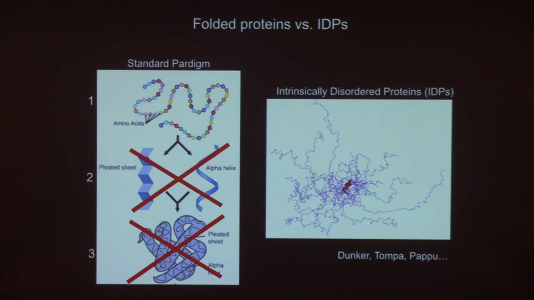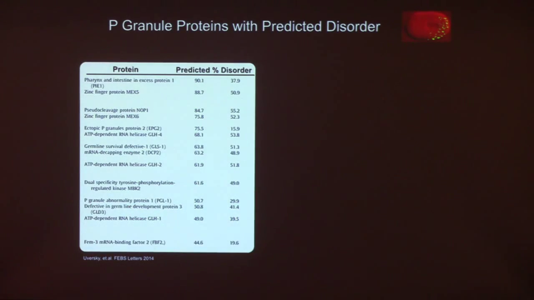There's a lot of excitement in that field right now because more and more people recognize that the paradigm of well-defined folded proteins is only a part of the story. Lots of proteins are intrinsically disordered, and we can think about them as floppy chains that interact in more complicated ways. And it's starting to look like they could be relevant for these phase transitions. I'll tell you a little bit about that.